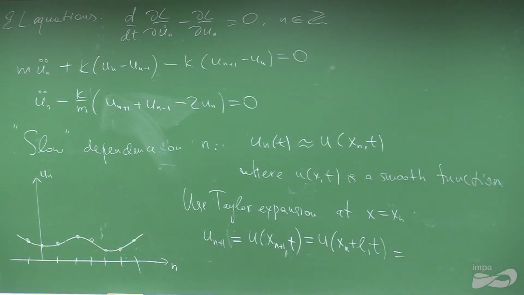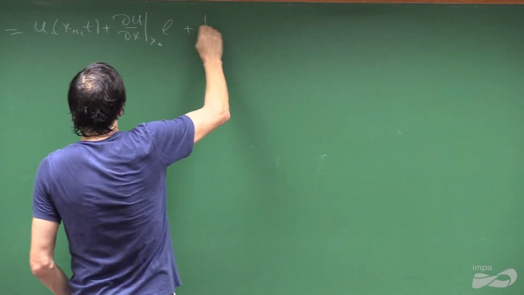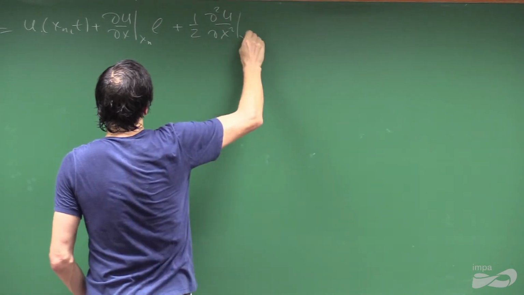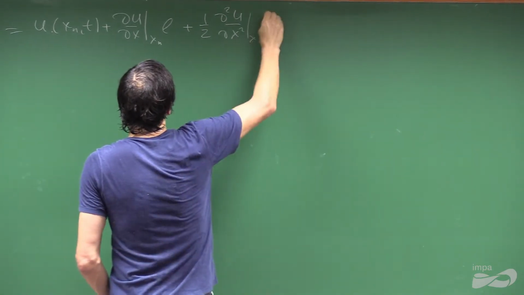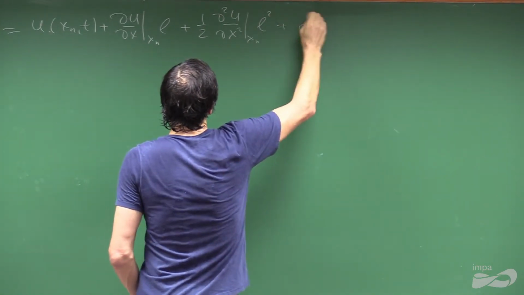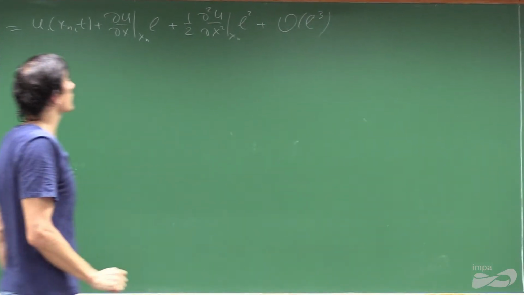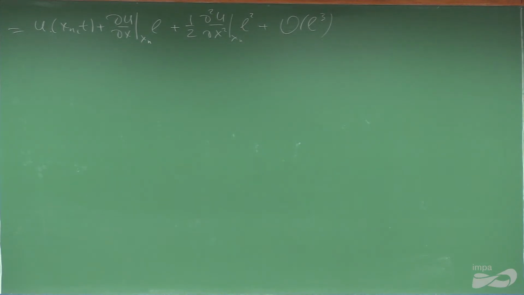The first derivative. Then the second derivative, that's 1/2, also all at the same point. And then higher order terms. So this is un plus 1.